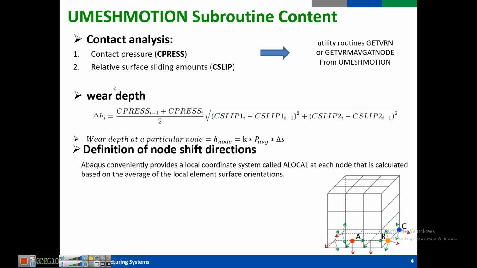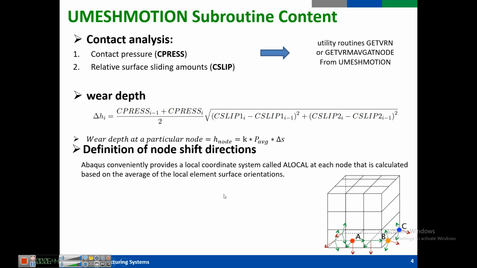And then it calculates the wear depth, as I told you, h or delta h, K or wear coefficient, CPRESS or P average, and delta S or sliding distance, CSLIP. You can see this equation, and Abaqus uses this equation to calculate wear depths.